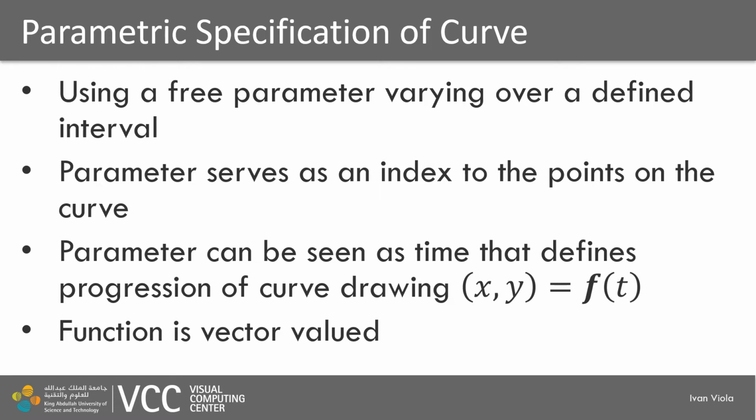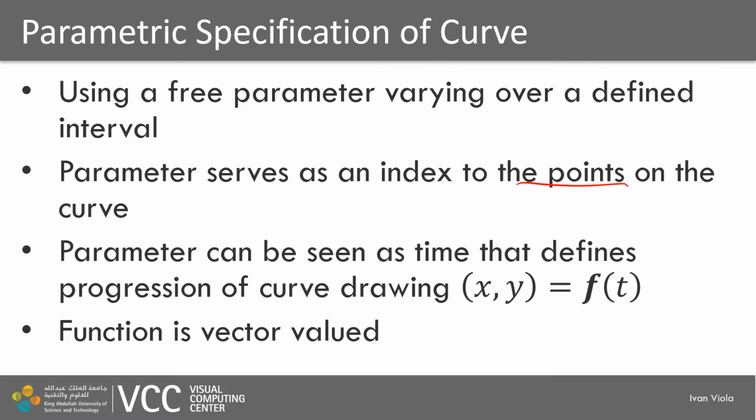There will be some segment of the curve defined. And this parameter serves as an index to the points on the curve. And keep in mind that these points can be of multiple dimensions. It could be points in 2 dimensions, in 3 dimensions, or in more dimensions.